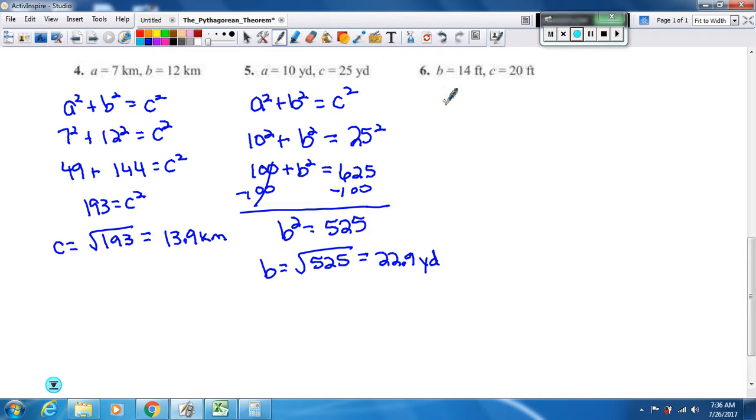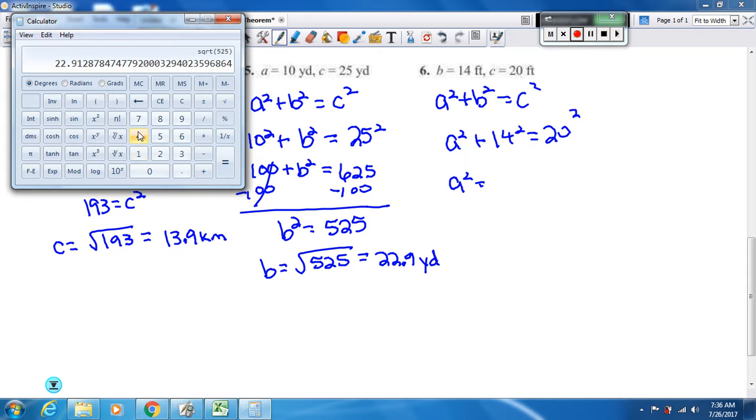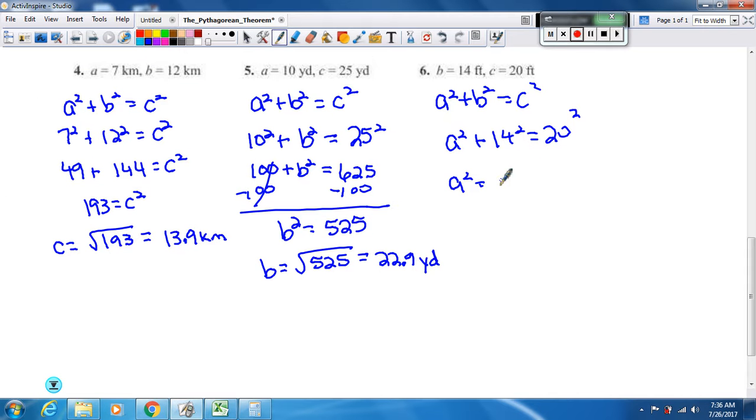Okay, number 6. A squared plus B squared equals C squared. That'll give us A. B is 14. C is 20. Okay, A squared. Pretty sure 14 times 14 is 196, but let me check it. Yes, 196. Equals 400. 20 times 20 is 400.